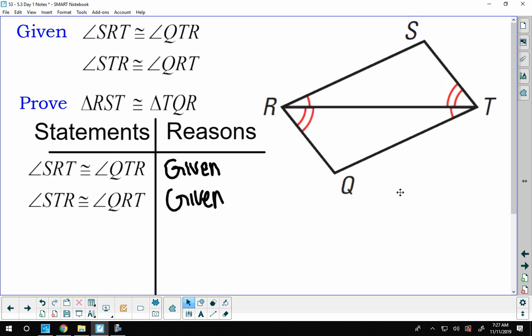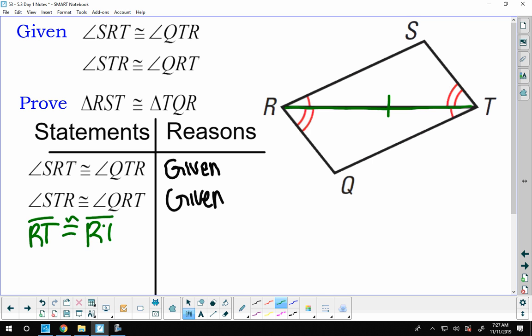Second step, do we have reflexive property or vertical angles? In this example, we have reflexive property because we have this side that belongs to the top triangle and to the bottom triangle, and it's the same side, so of course it is congruent to itself. So segment RT is congruent to segment RT by the reflexive property.